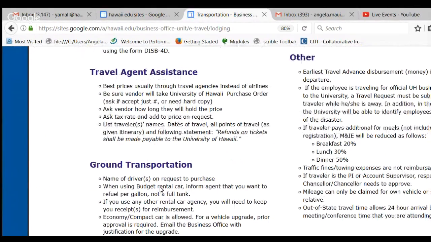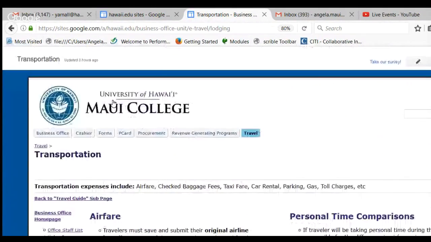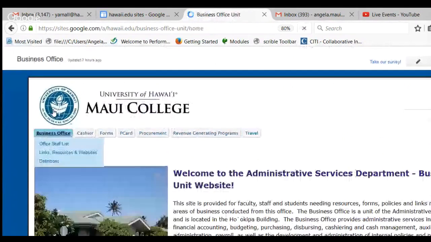Okay, so that was task 5, the travel task. And we're actually done with the scenarios, and I just have a few questions to ask you, and they're general. So what is your overall impression of the website?